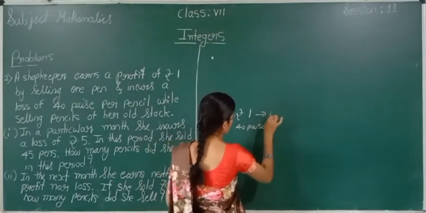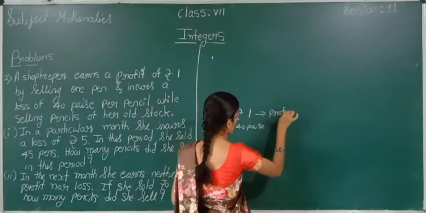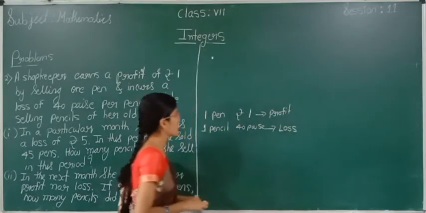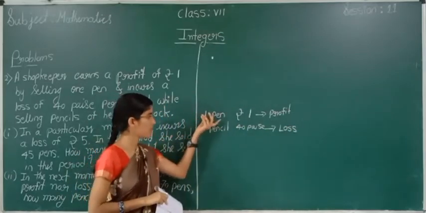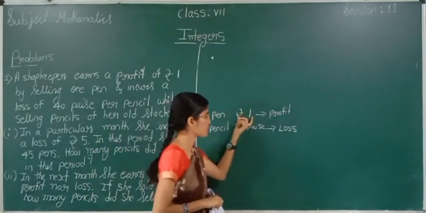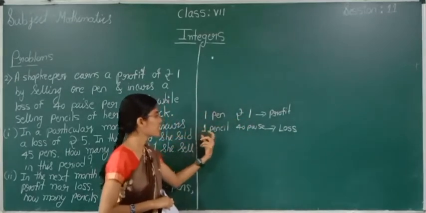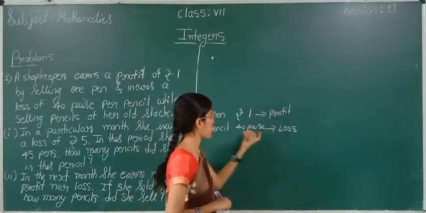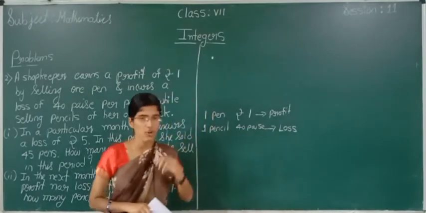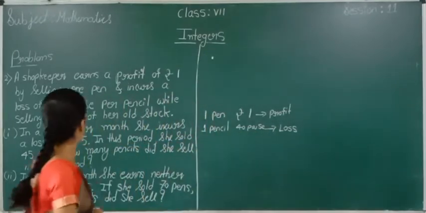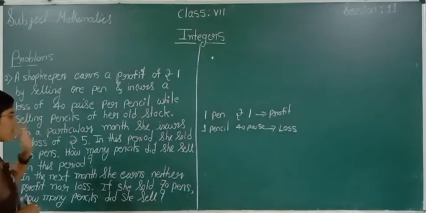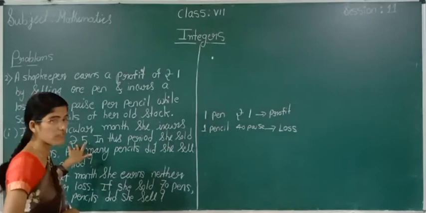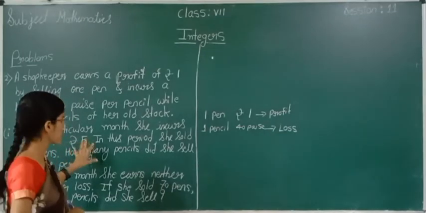Here this is profit and this is loss. Now in a particular month, she incurs a loss of rupees 5.